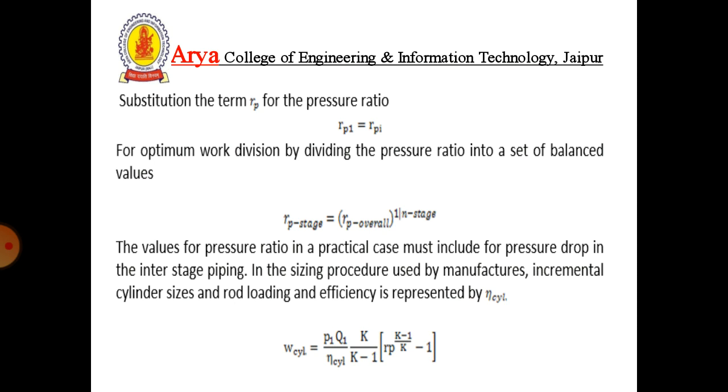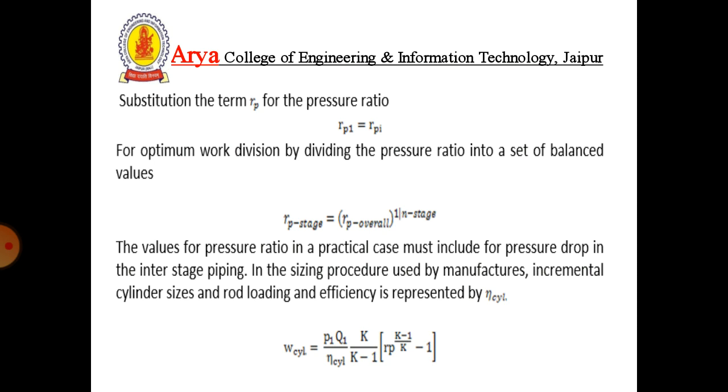Substitute the terms Rp for the pressure ratio, Rp1 equals Rpi, for optimum work division by dividing the pressure ratio into a set of balanced values. Rp stage equals Rp overall to the power 1 upon n stage.